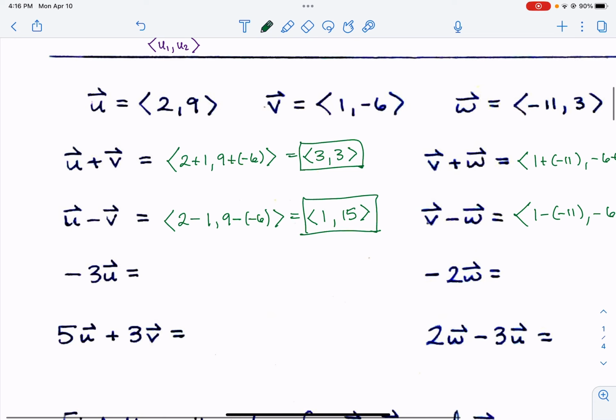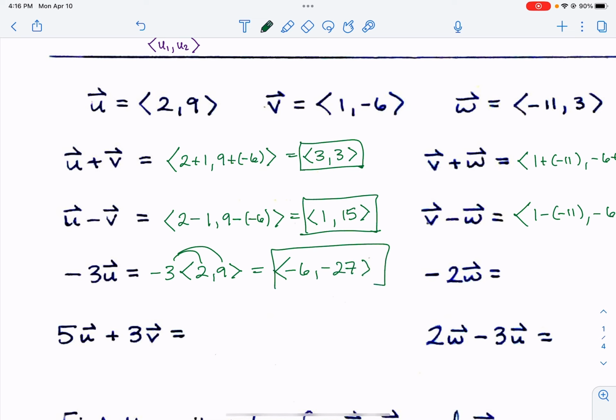We also have some scaling problems. What I would recommend doing is rewrite the problem and then stick the vector in place of that letter there, and then do your distribution. Don't try to do this in your head because you're going to make a mistake. I can almost guarantee you. Negative 3 times 2 is negative 6. Negative 3 times 9 is negative 27.